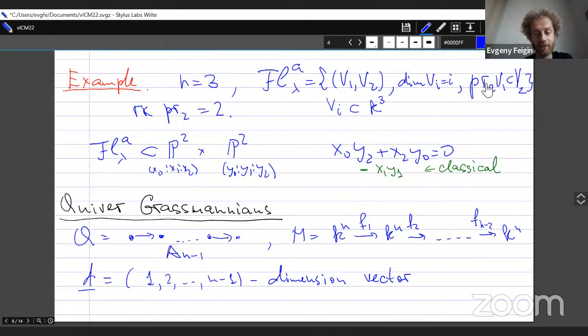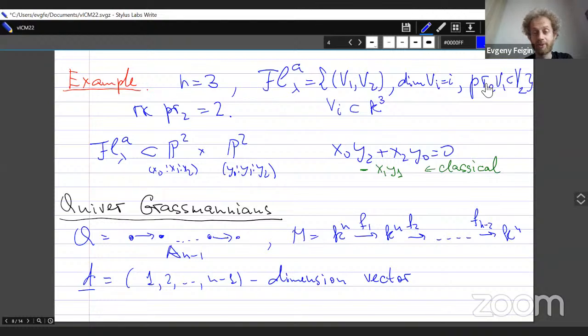So one can recognize that this description as a sequence of vector spaces subject to certain conditions is somehow in the spirit of the definition of Quiver Grassmannians. So namely, let us take Q to be the equi-oriented type A n-1 quiver. So we have n-1 vertices and arrows between them, all pointing from, say, left to right.